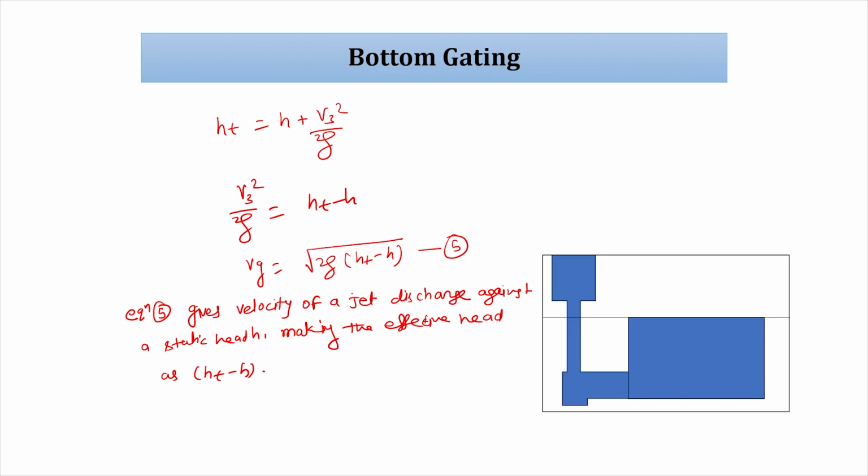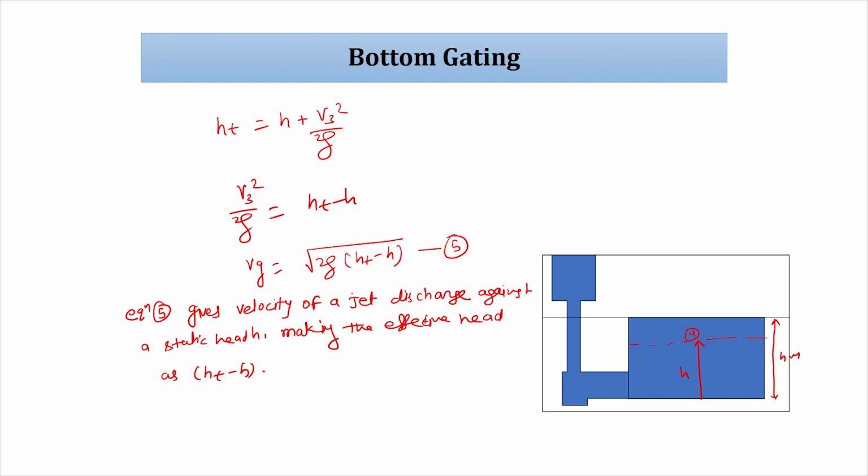Effective head is Ht minus H, which is continuously changing. What is H? The distance from bottom, the point 4. And what is Hm? Mold height.